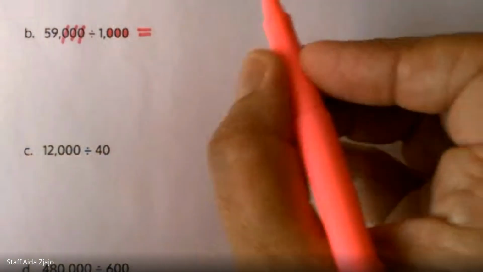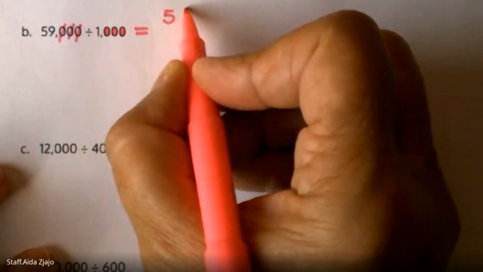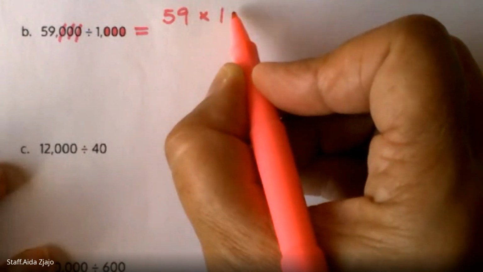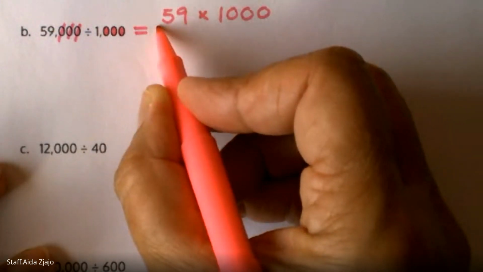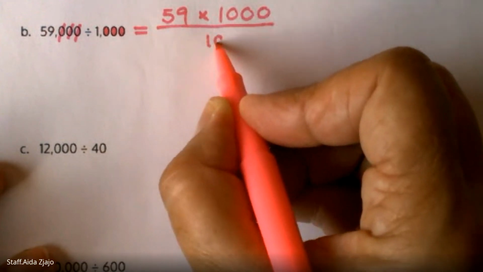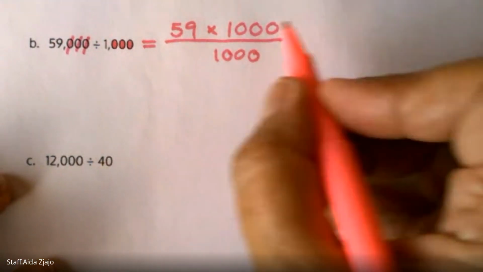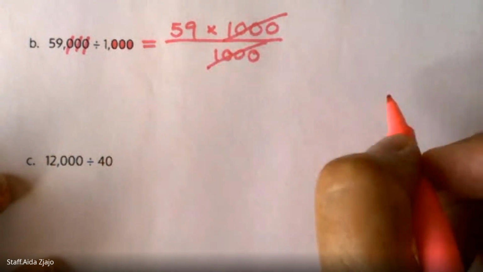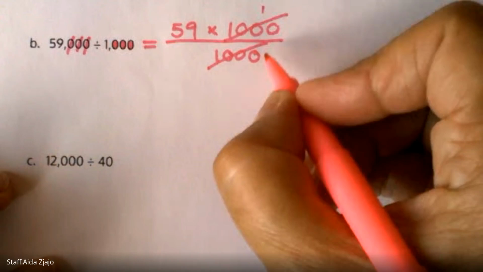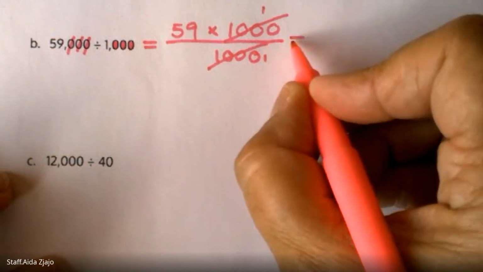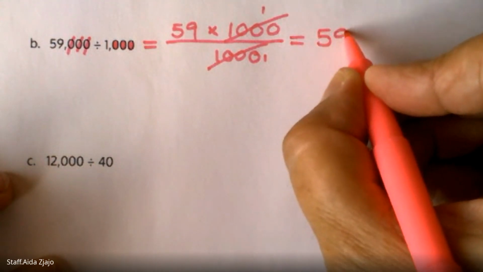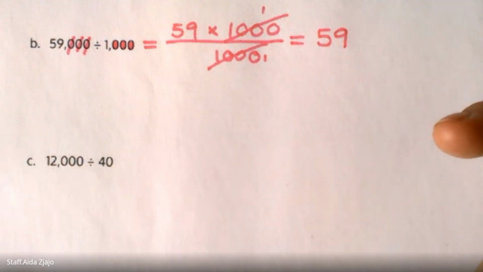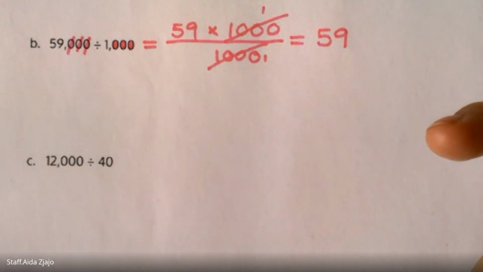Or I can just do this: 59 times 1,000 divided by 1,000. So 1,000 divided by 1,000 equals 1, if you like that. So then this is equal to 59. That's one way of looking into that.